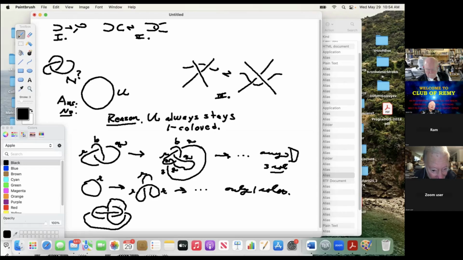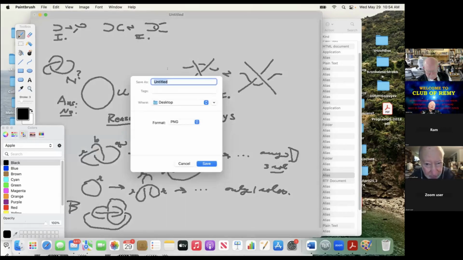I'll use another slide, but there's Borromean rings. There's my drawing of Borromean rings. You see it? There are 3 of them. If you remove any one of them, the other 2 slip apart. Let's play with this for a moment.